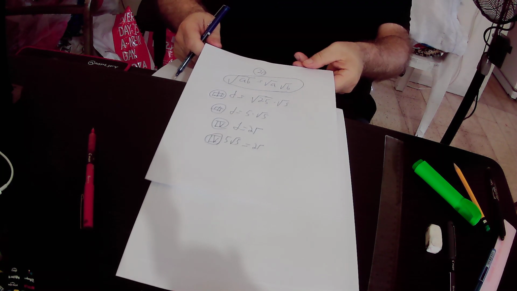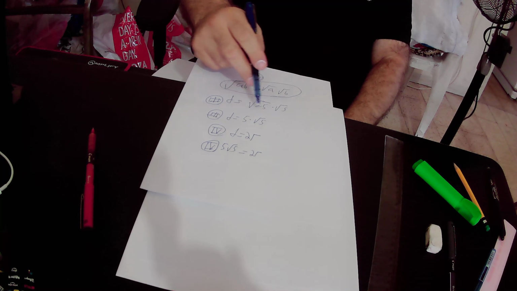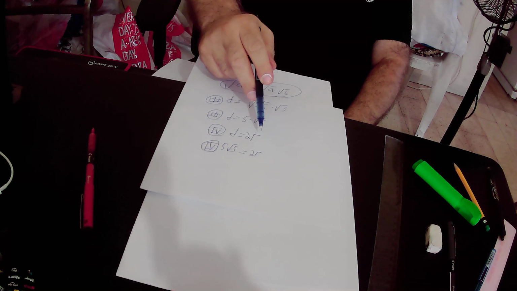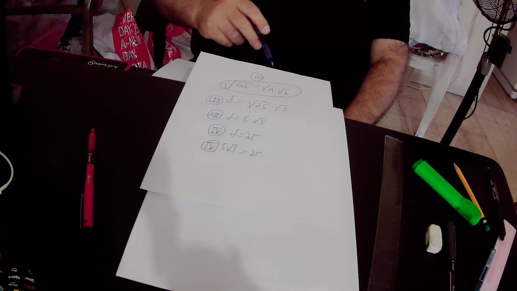So we substituted d by 5 times root 5. We got that 5 times root 5 equals 2 times the radius.